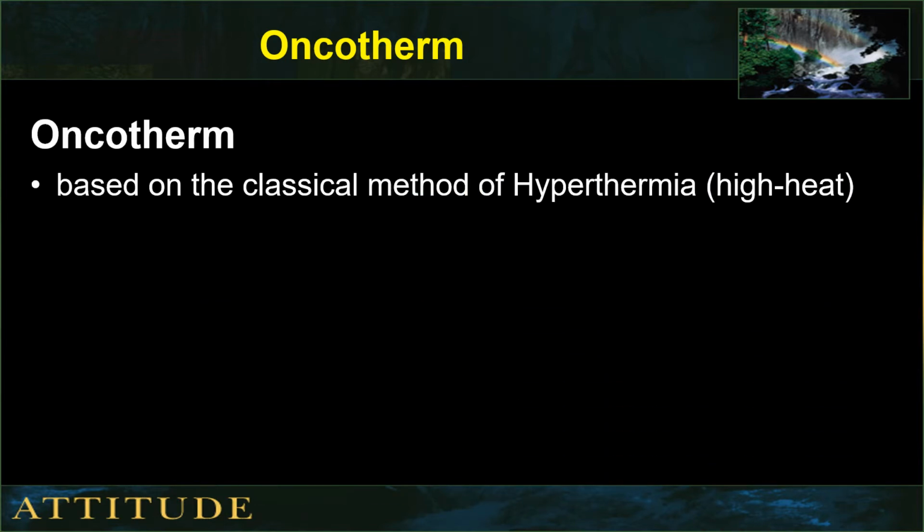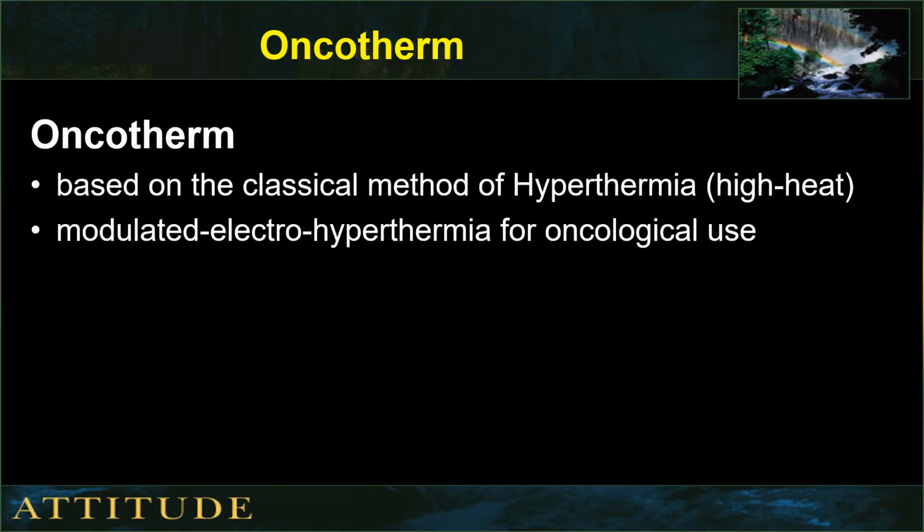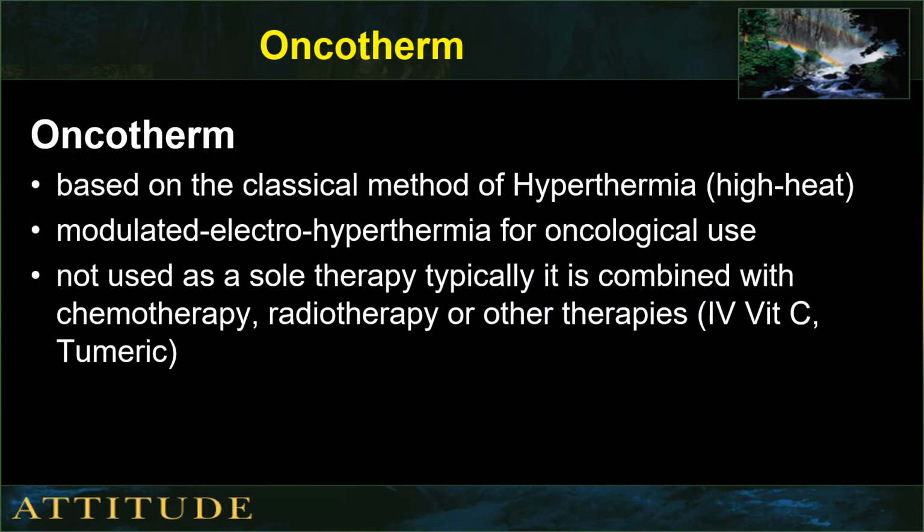Okay, so Oncotherm. Again, just a little bit in regards to what we talked about in our first presentation. It's based on the classical method of hyperthermia, which is high heat. Oncotherm is different. It's modulated electrohyperthermia for oncological use. And it's not used as a sole therapy.